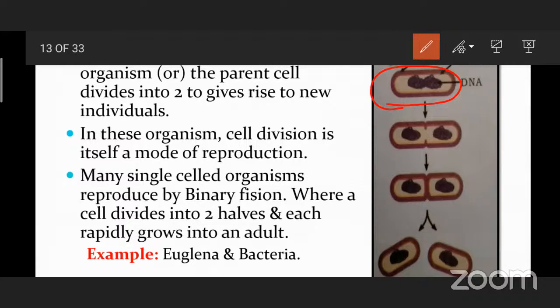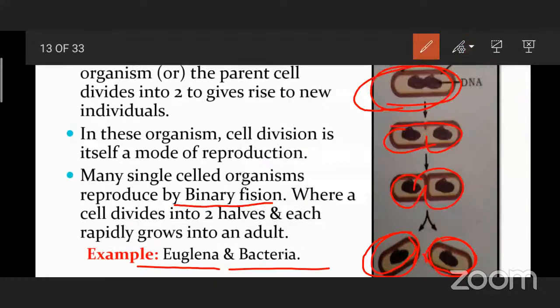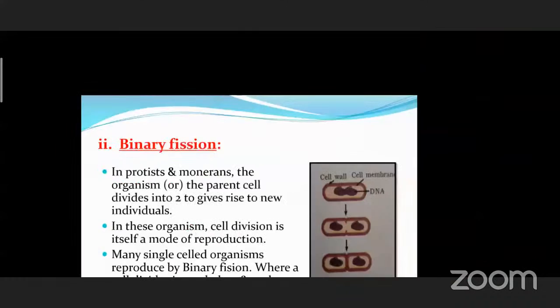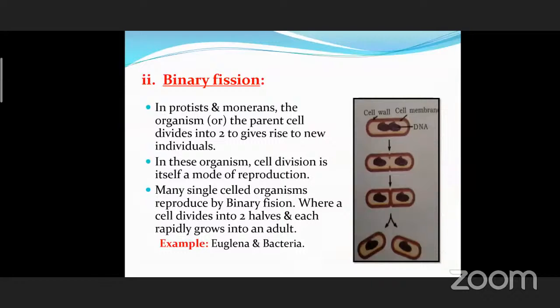This parent organism divides into two and gives rise to new individuals. In these organisms, cell division is itself the mode of reproduction. Many single-celled organisms reproduce by binary fission, where the cell divides into two halves, each rapidly growing into an adult. Example, euglena and bacteria. This is one of the asexual reproduction methods, binary fission.